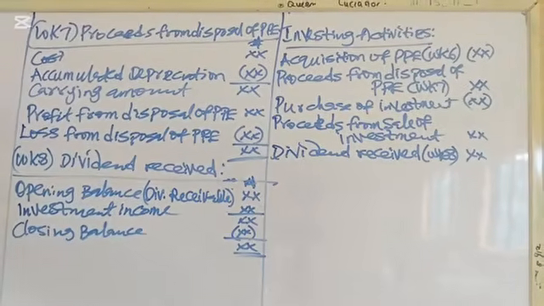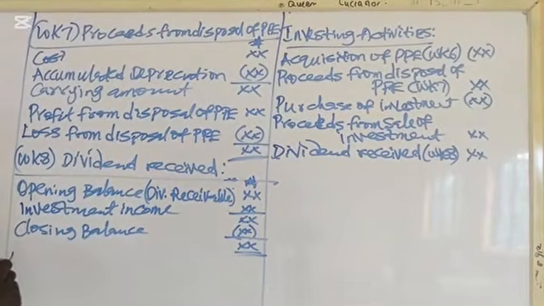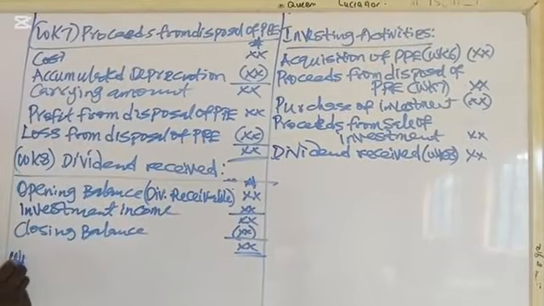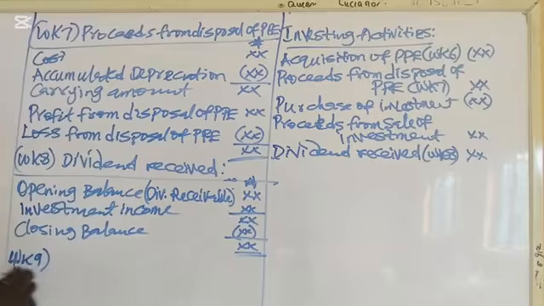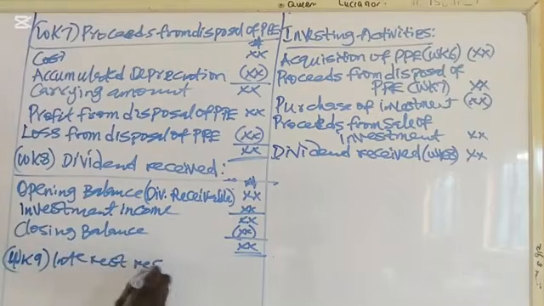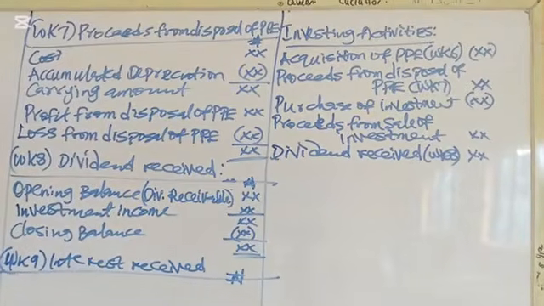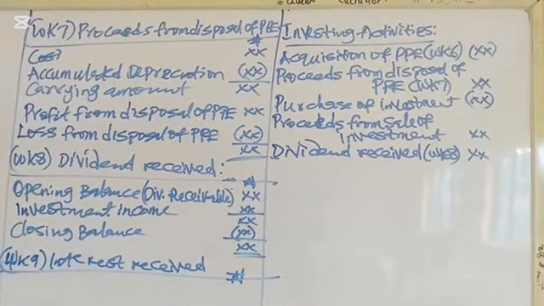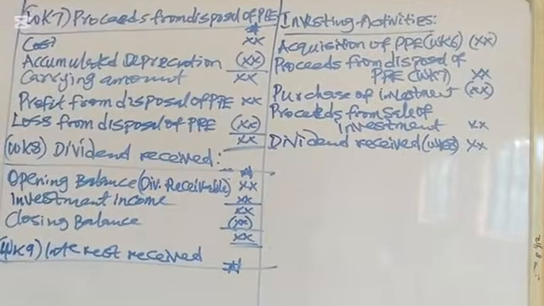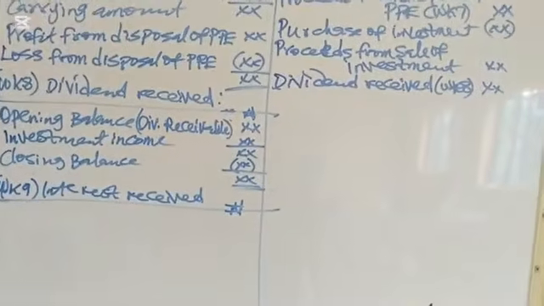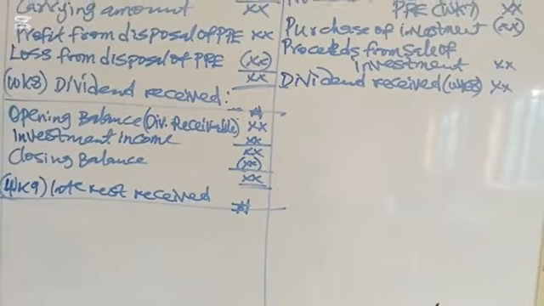Then interest received, working 9. Interest received. You start with interest receivable, and this will be under current assets if any.